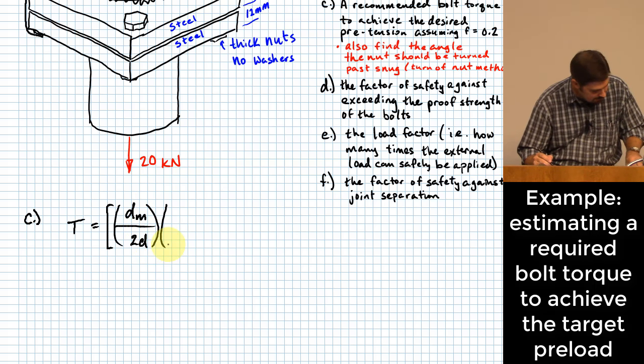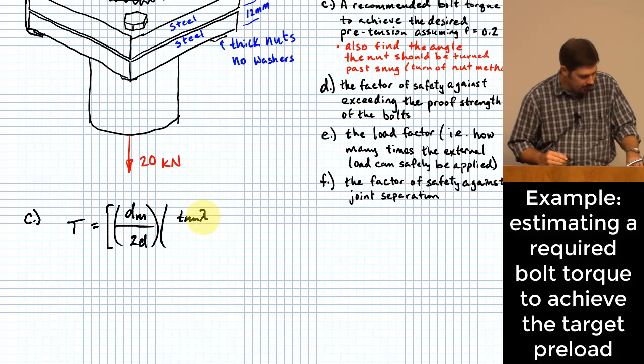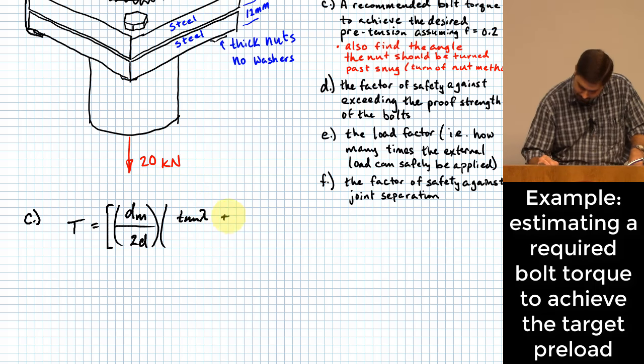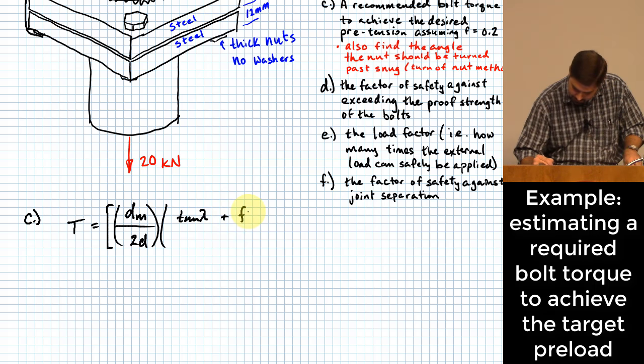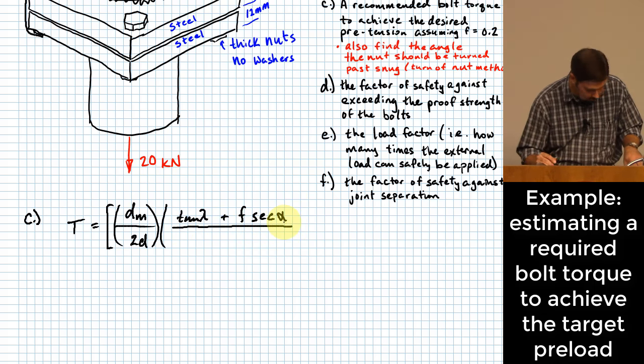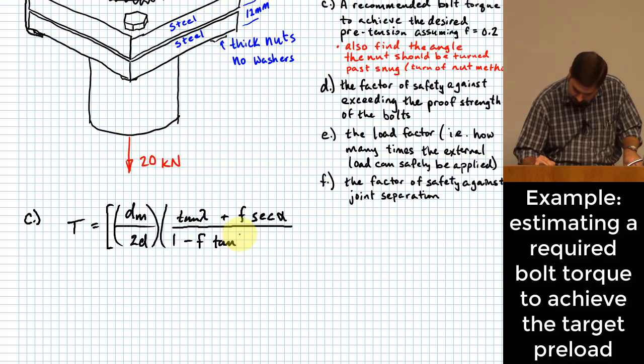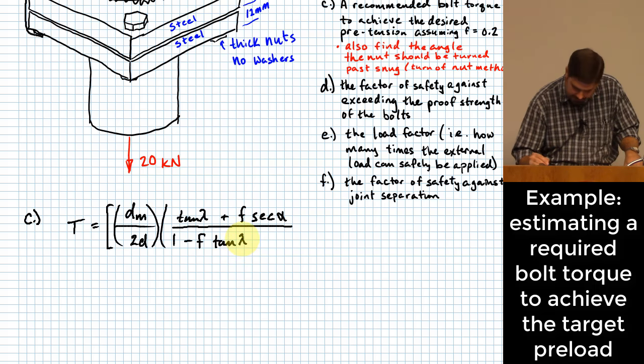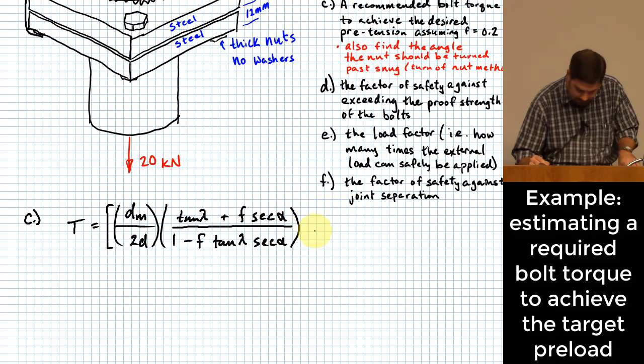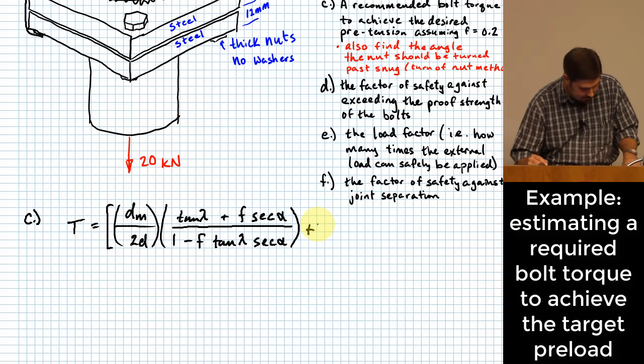The next term is tangent of lambda plus f times the secant of alpha, over 1 minus f tangent of lambda secant alpha. Okay, and then to this I'm going to add 0.625.